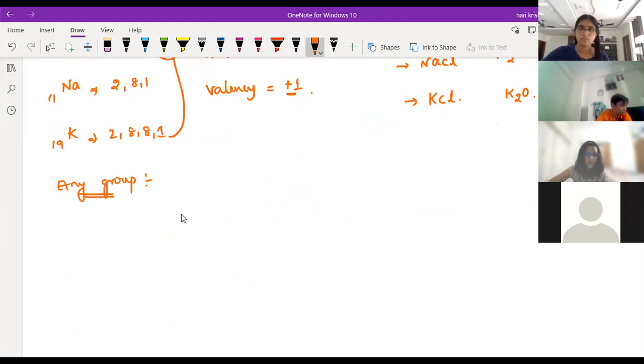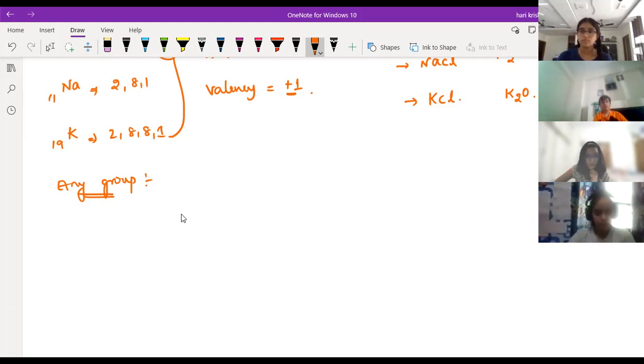If you take any group in the periodic table, all the elements in a particular group will have the same number of outermost electrons. Due to the same number of outermost electrons in a particular group, they will show similar chemical properties. Understand?